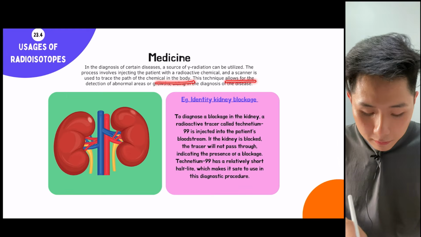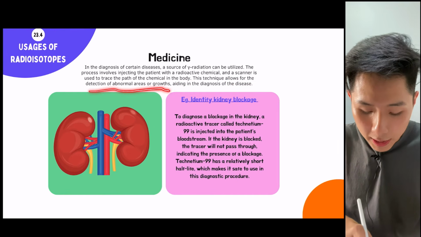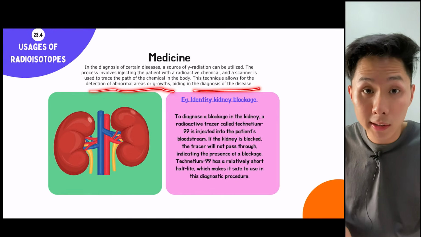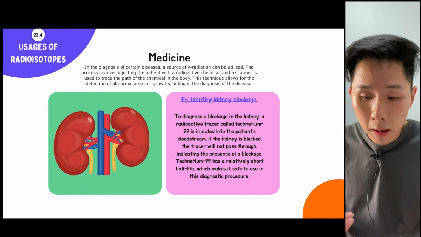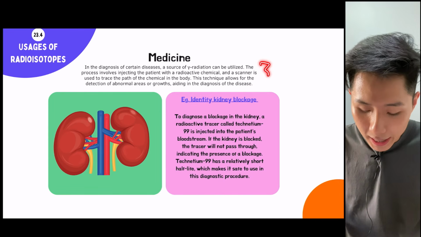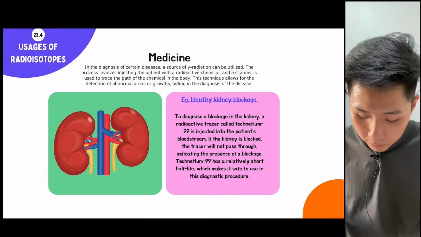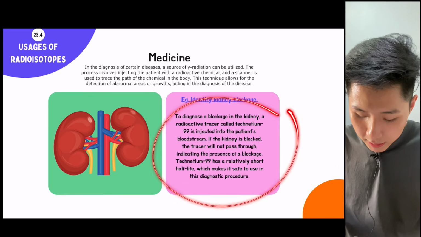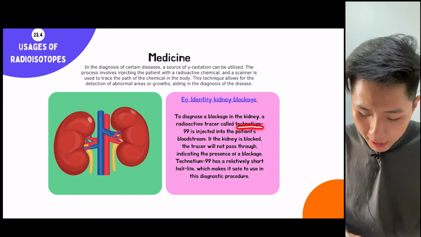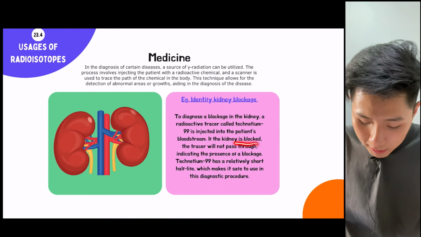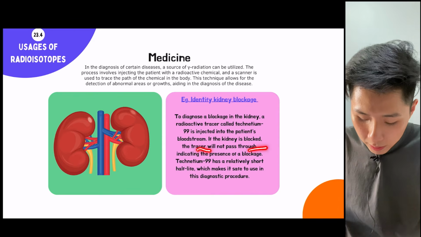The technique allows for the detection of abnormal areas of growth, aiding in the diagnosis of disease. Because we can't see what is inside our organs, they inject this radioactive chemical. So for kidney blockage, they inject this specific element, and if the kidney is blocked, the tracer will not pass through, indicating the presence of a blockage.